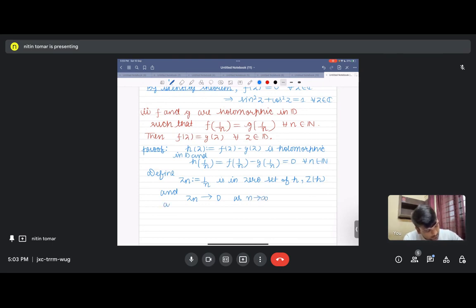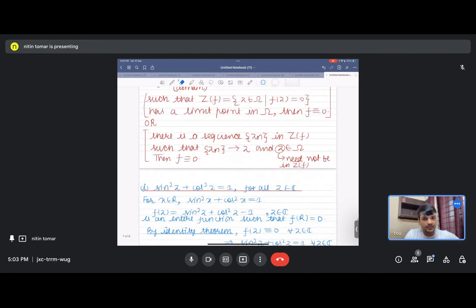And we have z_n converges to 0 and this 0 belongs to D. So we have this second characterization, right? If a sequence of the zero set of a function has a limit point, it need not be in Z(f), right?